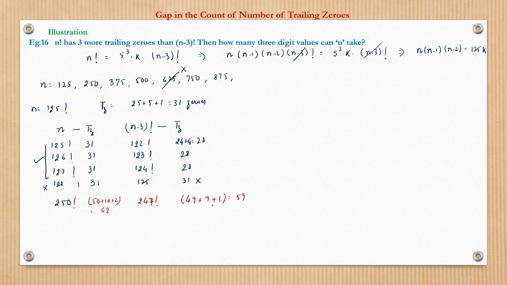So three more zeros. Fine. This case is fine. Then if I take 251, here it will be 248, and 252, here it will have 247. So here also 62 zeros, here also 62 zeros, here 59, here 59. But as and when I take 253 factorial, it will have 62 zeros, but now it becomes 250 factorial for n minus 3, which will have 62 zeros, right? So this is not a valid case.